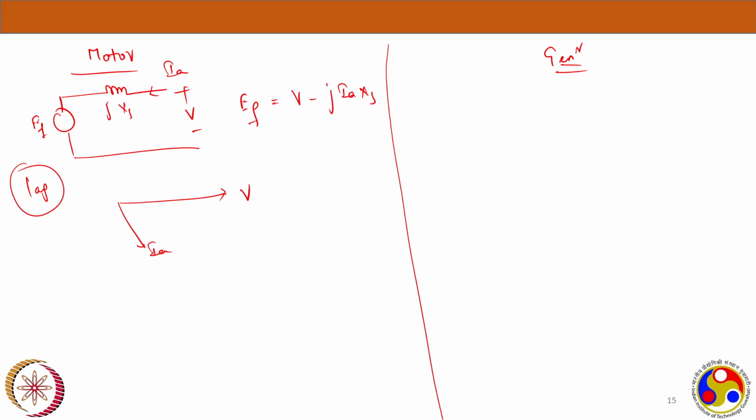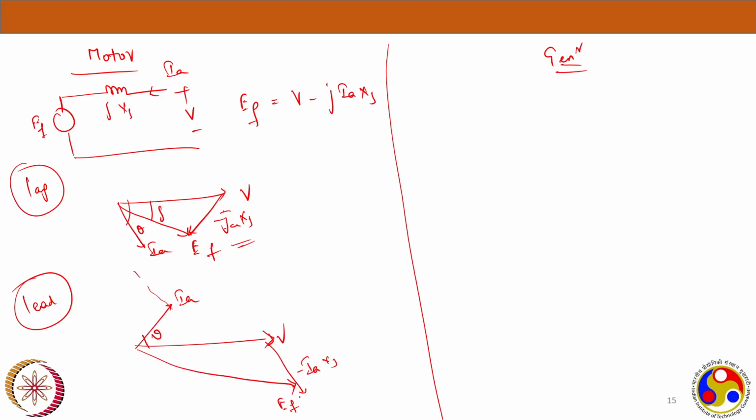Now if you see for the leading power factor, this is V and your current is leading here. This is theta and V is here and IA XS will be like this, and it will be minus IA XS. V minus IA XS, the resultant would be EF. Now you see the length of EF here.